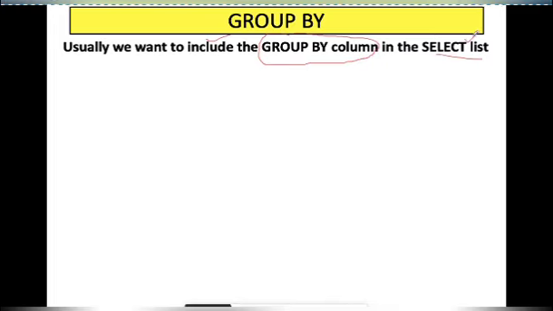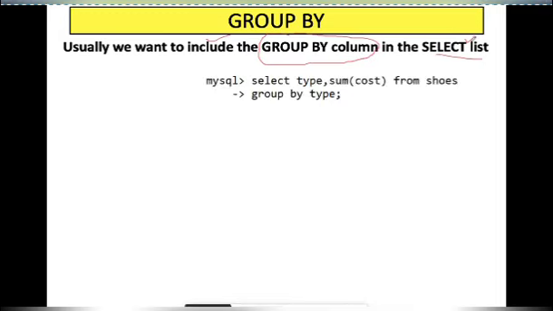Wherever we write select sum cost, there we will write the column according to which we are grouping the data. Then the output will be more clear. You will be able to know which total cost is for which type of shoes. Let us see.